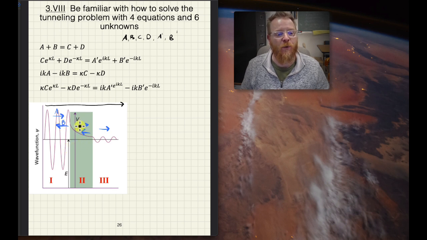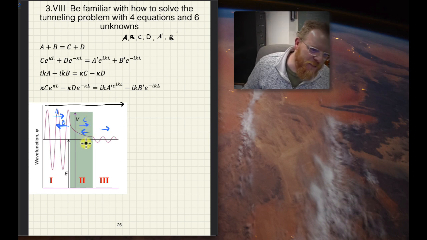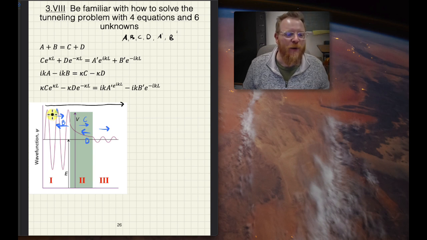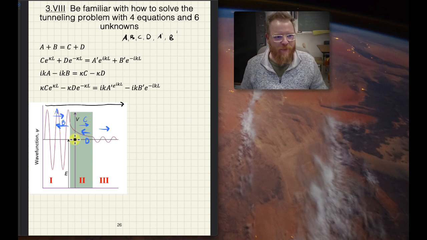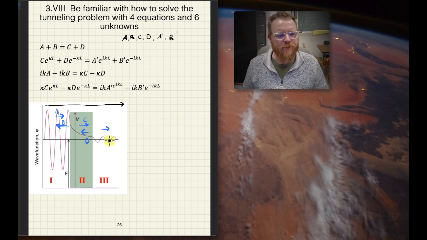So for example, in region 1, we can call the right moving particles A and the left moving particles B. Within region 2, we can call the right moving particles C and the left moving particles D. I feel like I've been saying this backwards, but I hope that you get the idea. Apologies for that confusion.